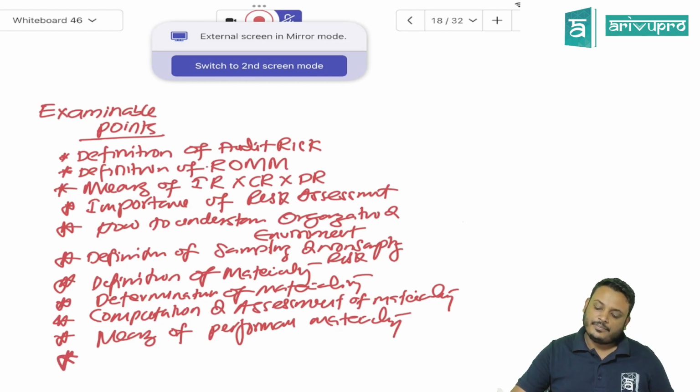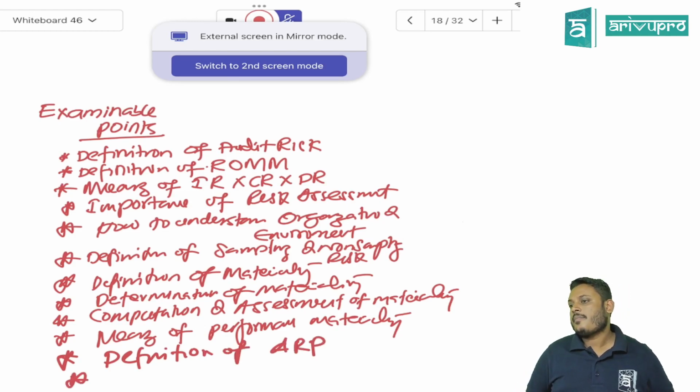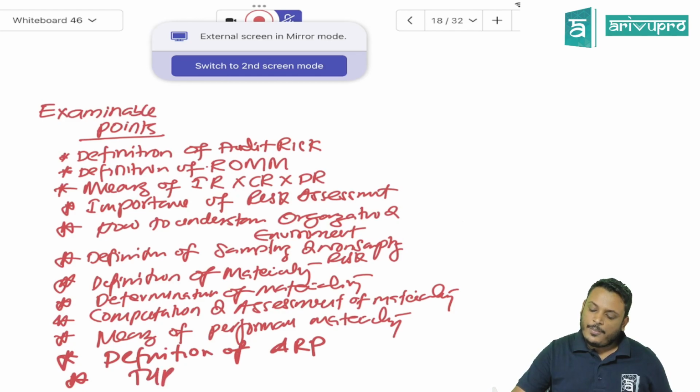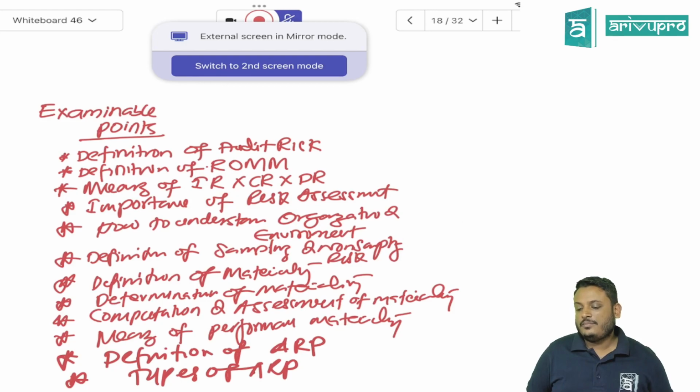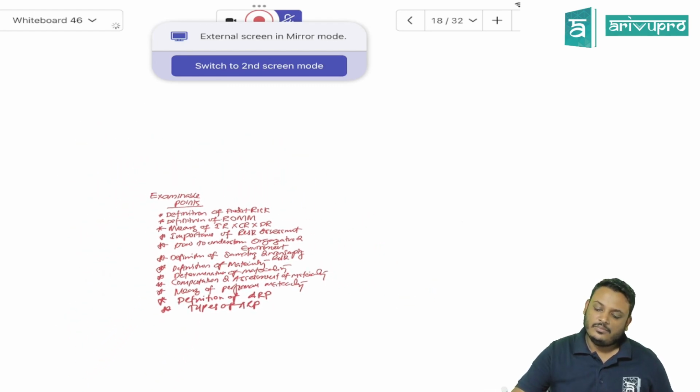Next one, definition of ARP, analytical review procedure. Next one, types of ARP. Next one, stages of ARP.